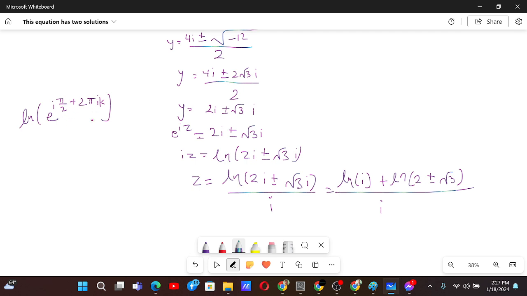So we can write it like this. This is just ln of i.